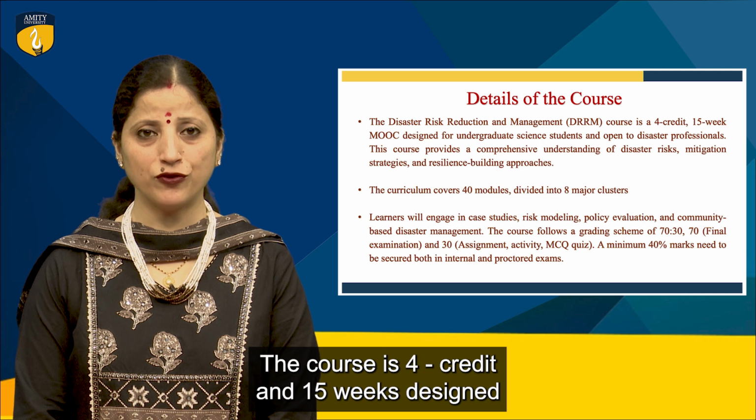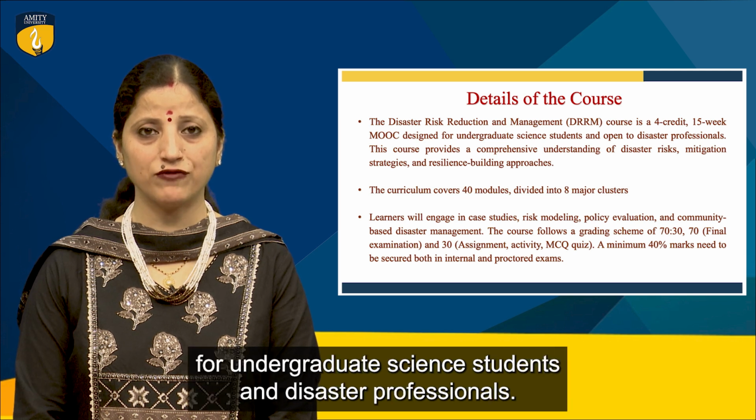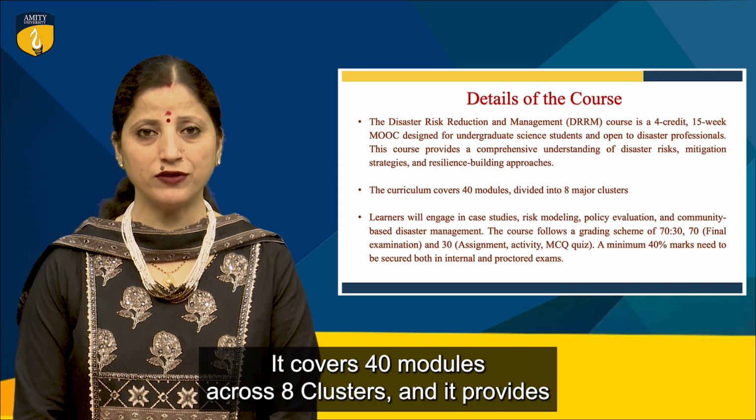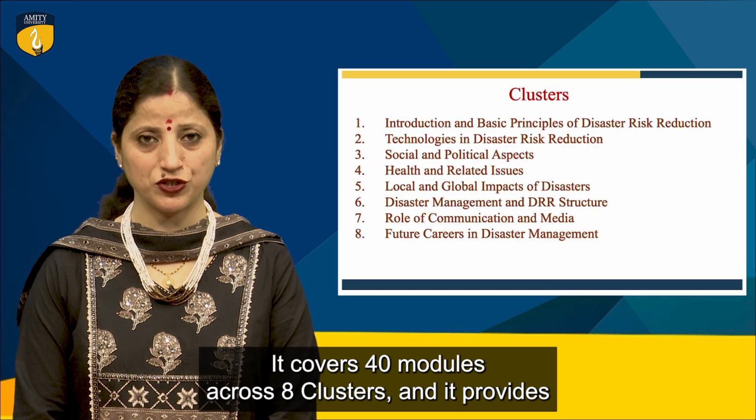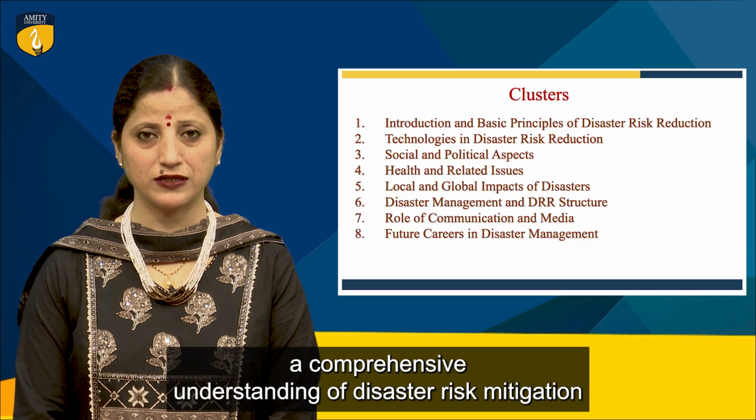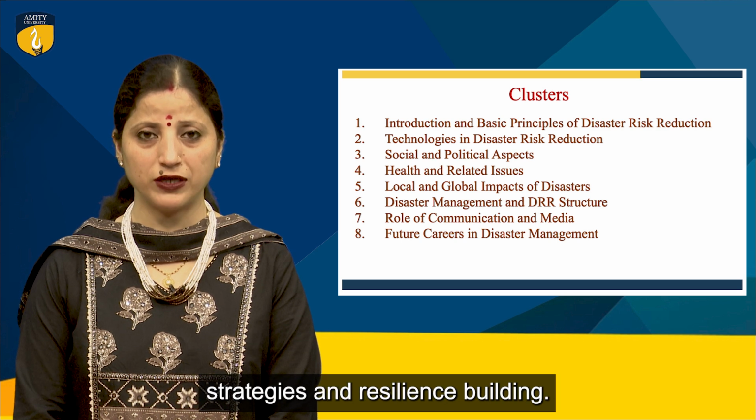The course is of 4 credits and 15 weeks, designed for undergraduate science students and disaster professionals. It covers 40 modules across 8 clusters and it provides a very comprehensive understanding of disaster risk mitigation strategies and resilience building.